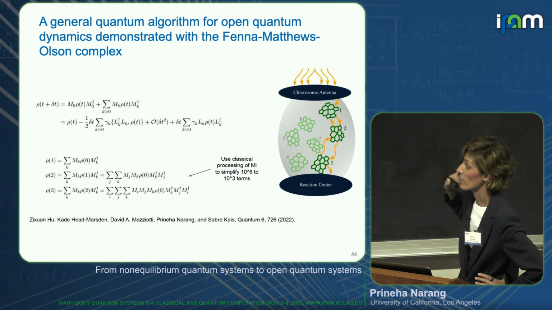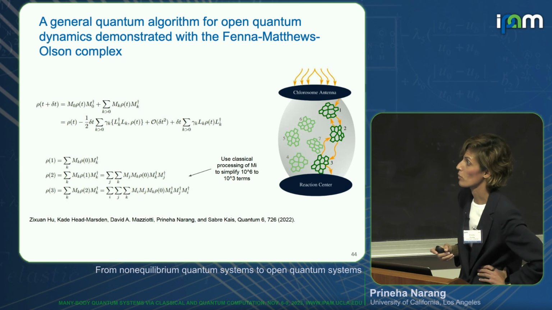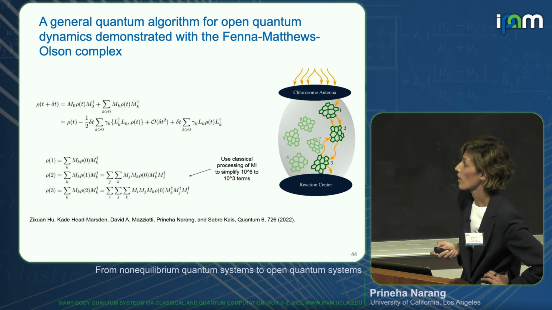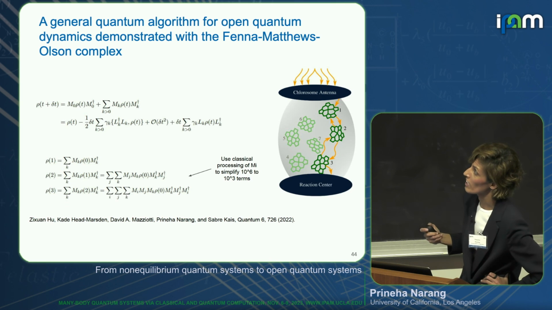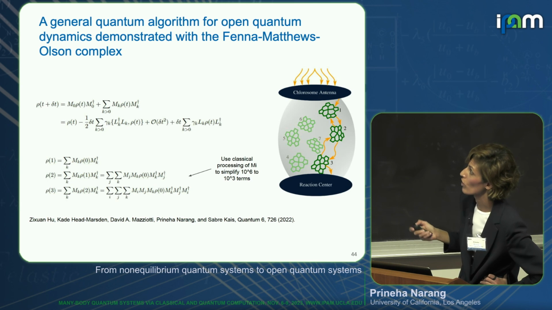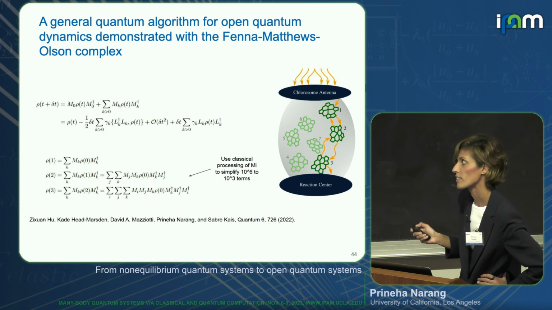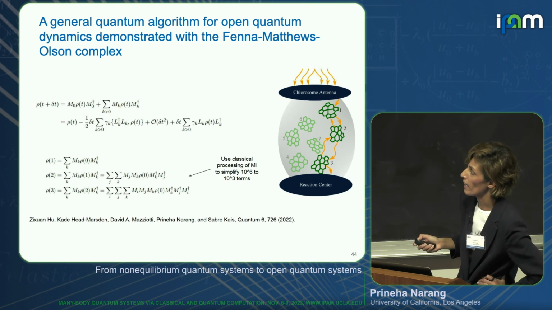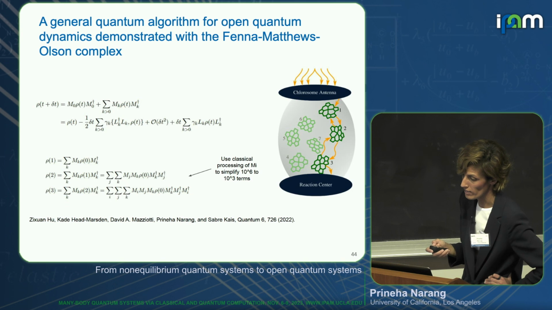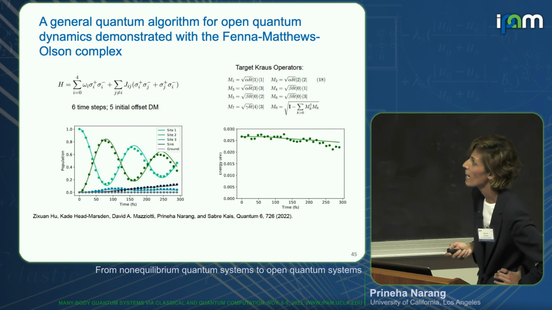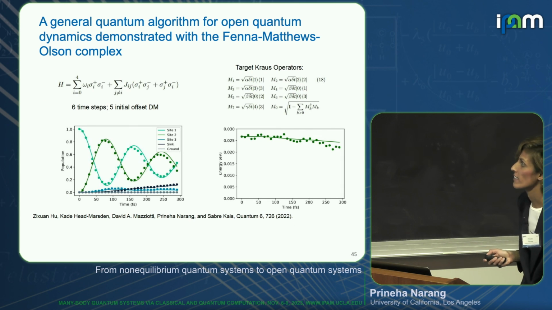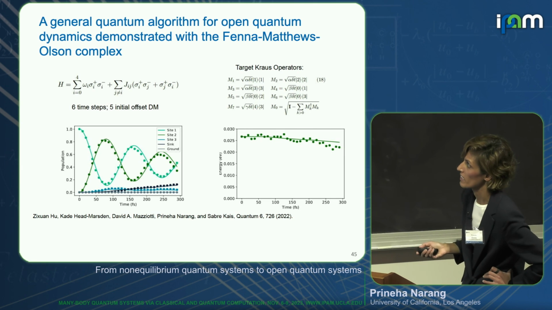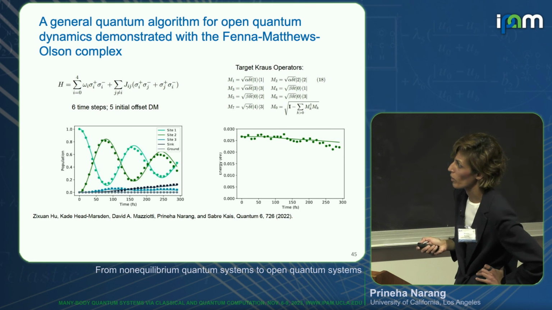So many others have done the FMO complex, and I don't want to claim that we're doing something here for FMO that wasn't known, but just to demonstrate that we have the ability to treat the full open system dynamics of a complicated system like FMO, a 3-site model, but you can do many more sites than that, and to be able to track the open system behavior here.